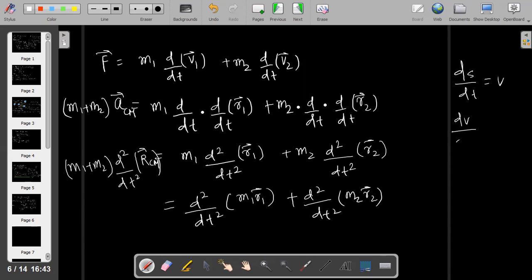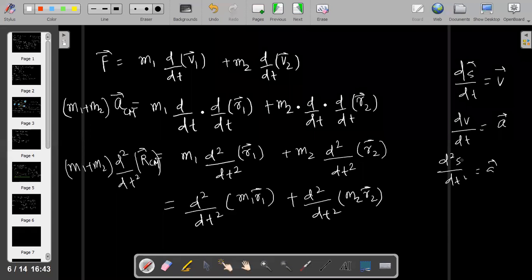Then if you take the derivative of velocity, you get acceleration. Is that clear or not? That means the double derivative of displacement always gives acceleration. Therefore, RCM is the displacement, and acceleration is the double derivative of RCM. Understand this?